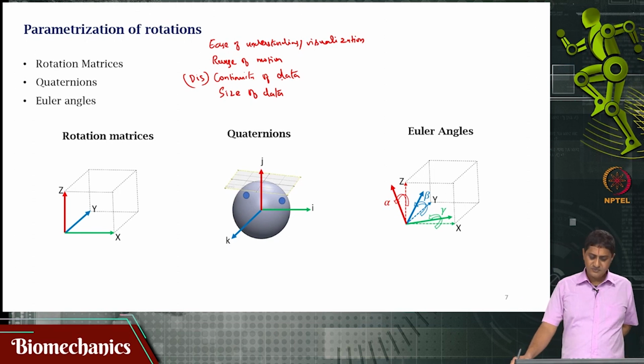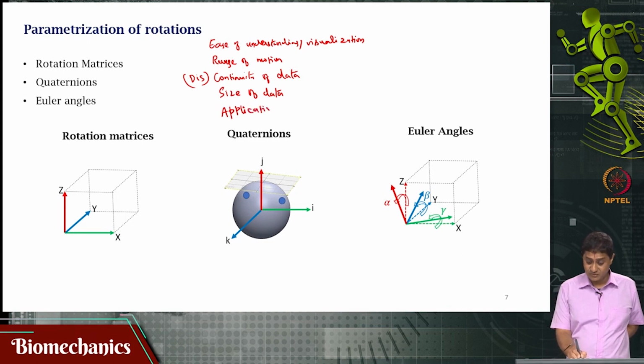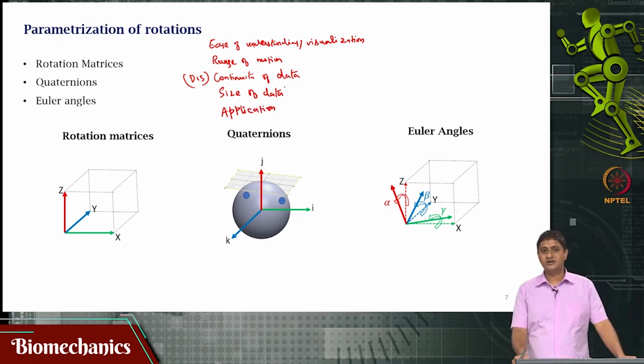Most importantly, you need to have an idea of the specific application that you are looking at. What is the problem that you are working on? What is the specific problem that you are interested in?